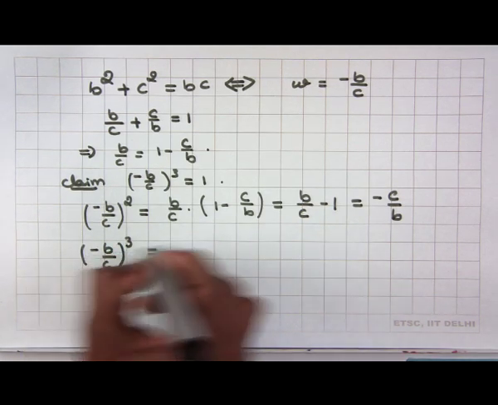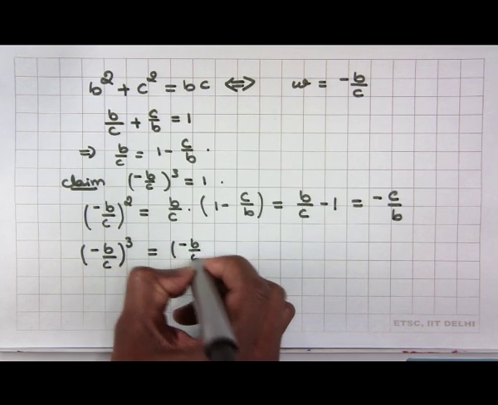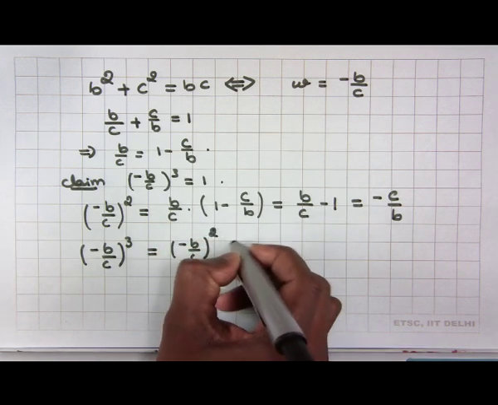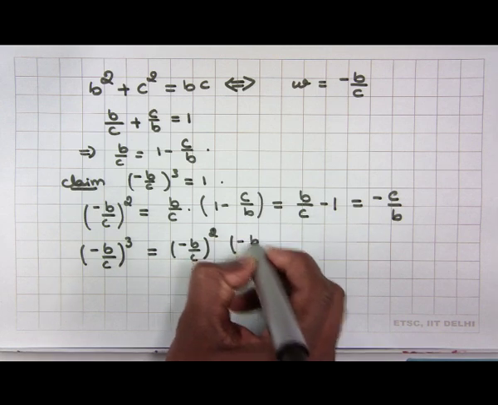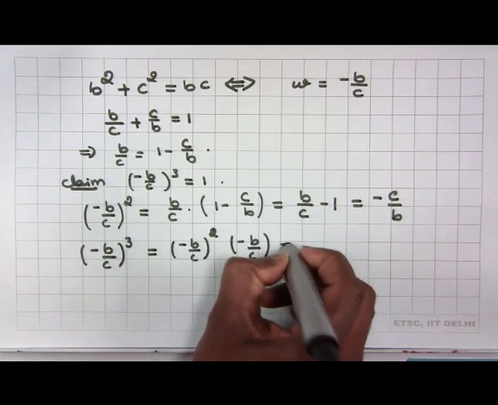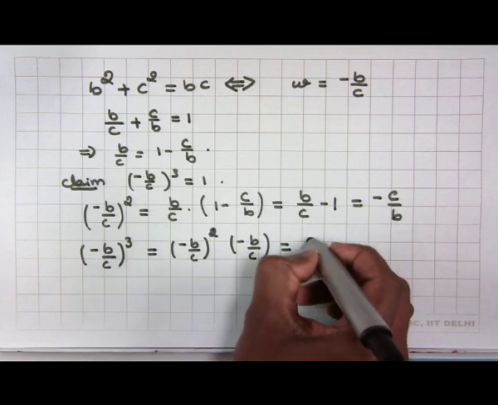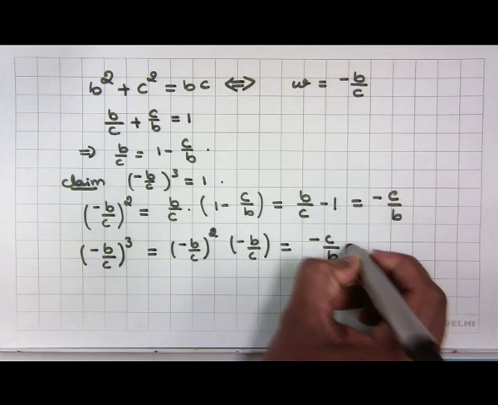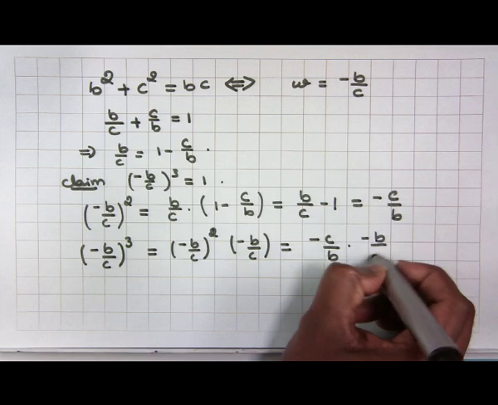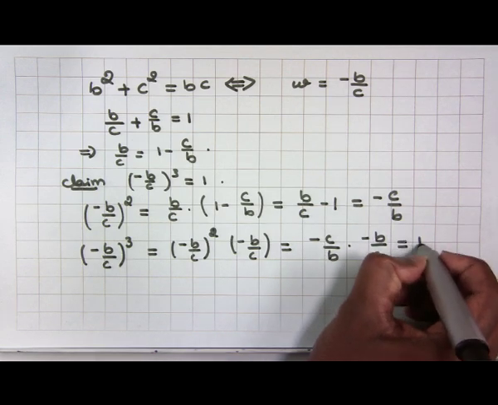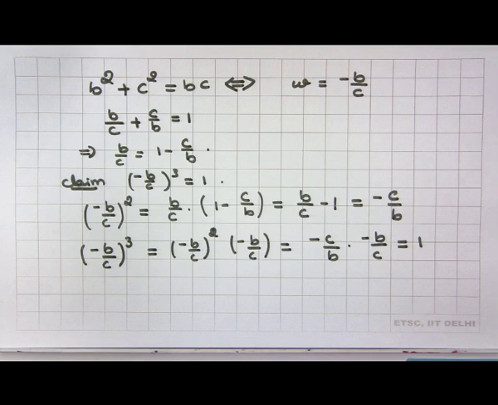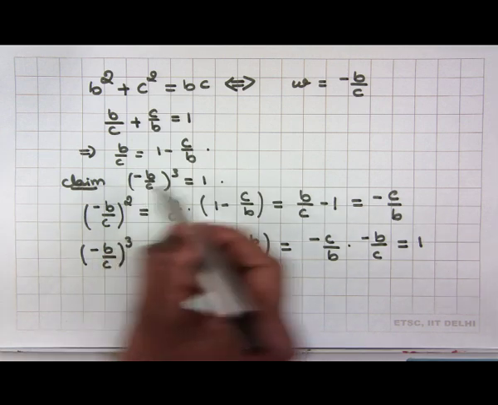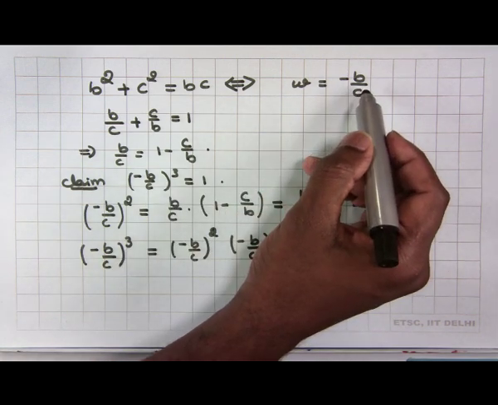Minus B by C squared multiplied with minus B by C: the first term we got as minus C by B, and its product with minus B by C is 1. Hence, we concluded that minus B by C is a cube root of unity.